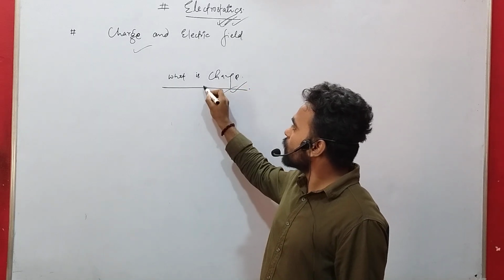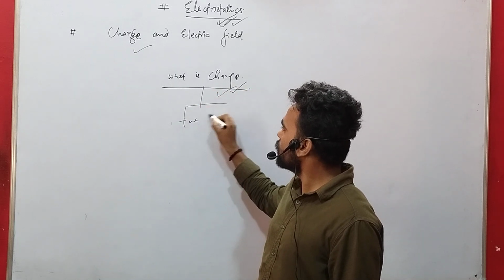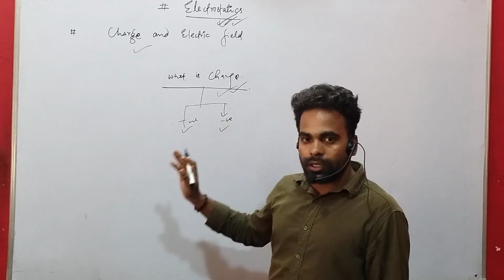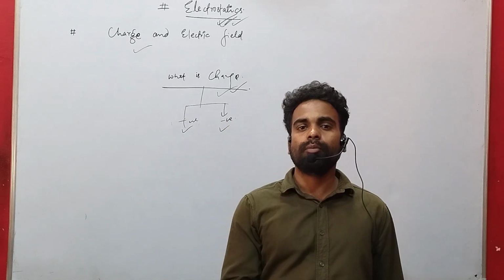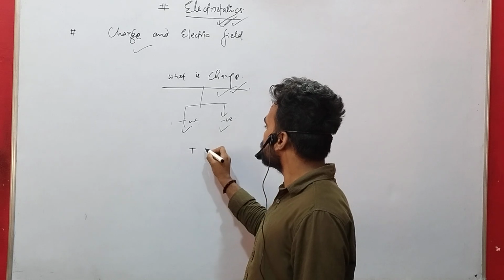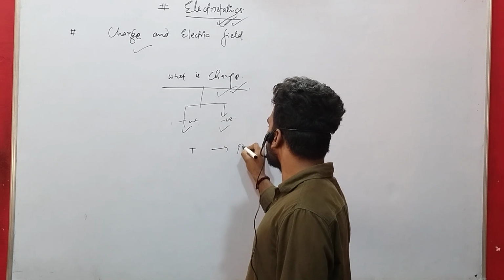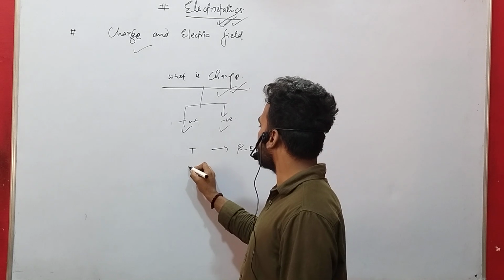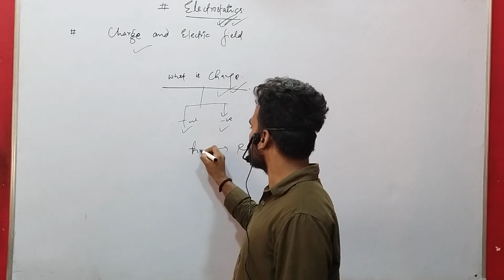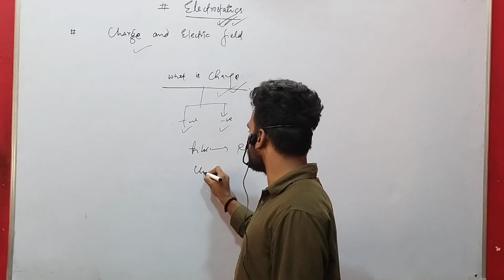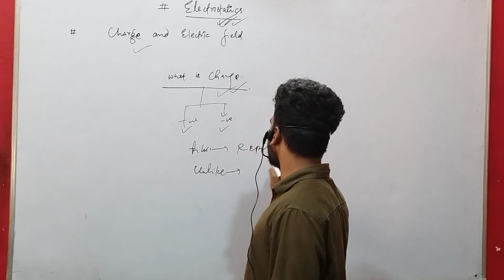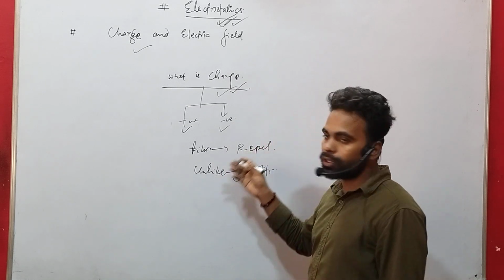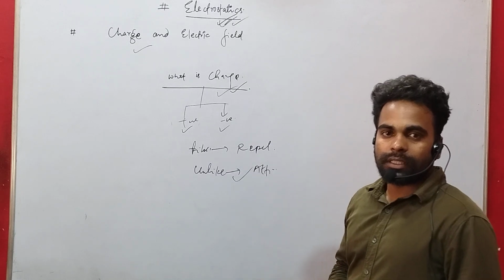Here the charge has two types, positive and negative. Properties of charges: there are two types of properties. Like charges repel each other, and unlike charges attract each other. This is the property of charge.